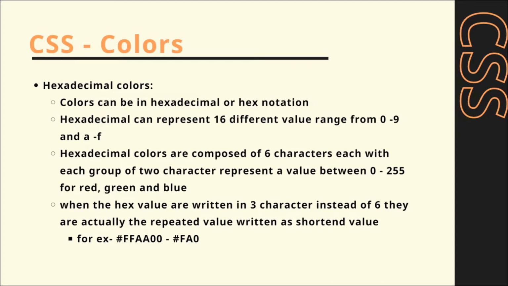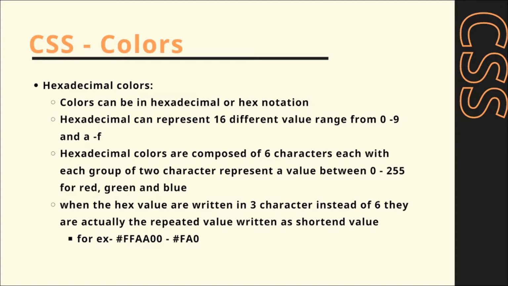When the hex values are written in 3 characters instead of 6, they are actually the repeated values written as a shortened value. For example, FA0 is the shortened form of FFAA00.